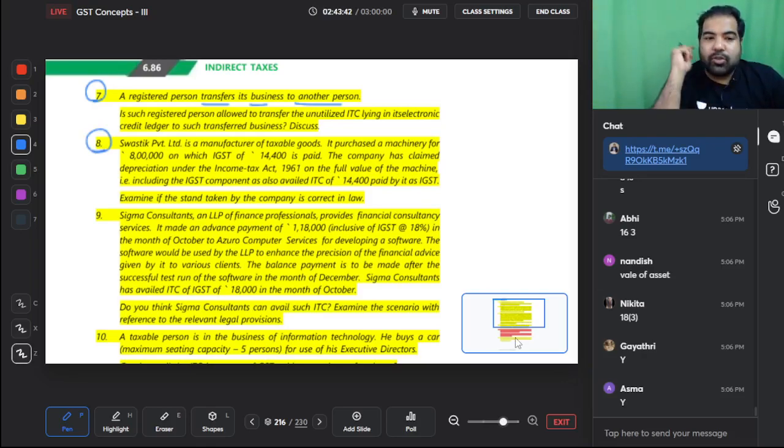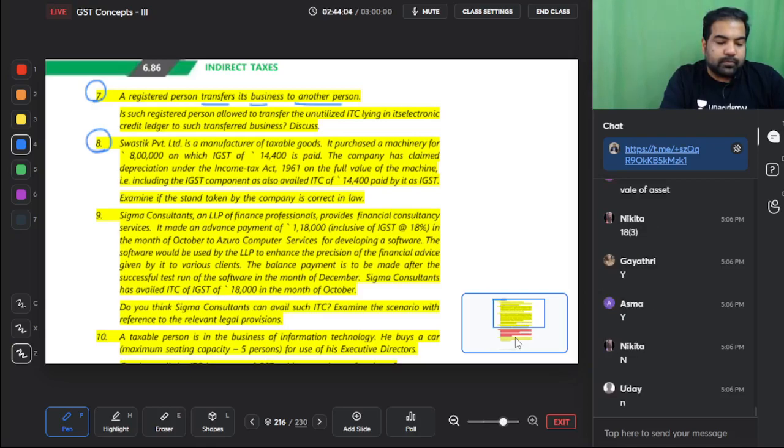Very, very good question. I want the section also and the answer also for the 8th question, please. Guys, here they are a manufacturer of taxable goods, so the government is happy.